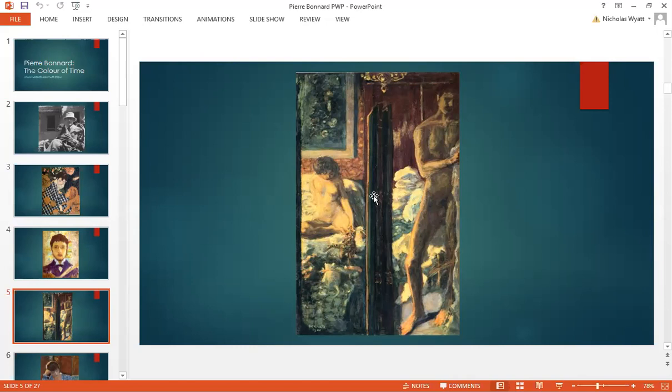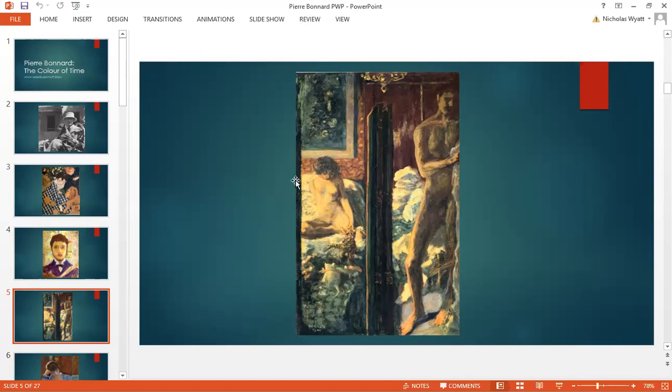And so compositionally, it just starts to give a hint of where Bonnard's painting is going to go. That's to say, one of the characteristics of Bonnard's painting are his very, very original compositional ideas. But secondly, the most important aspect of the painting is these very rich colors, these rich reds, greens that Bonnard is using.